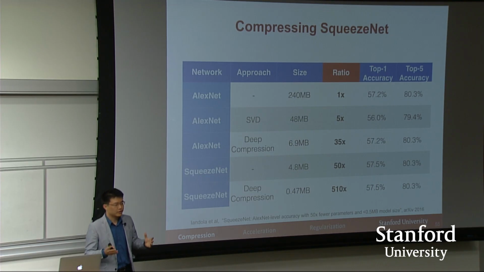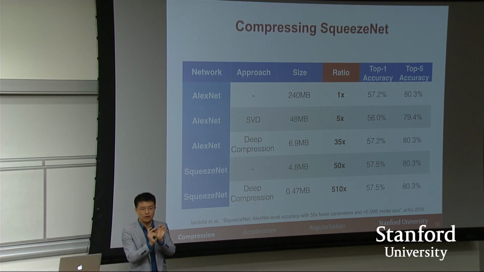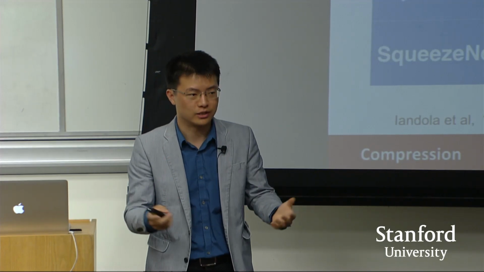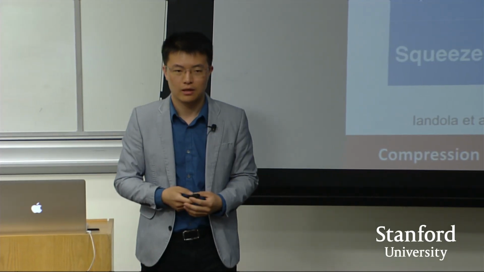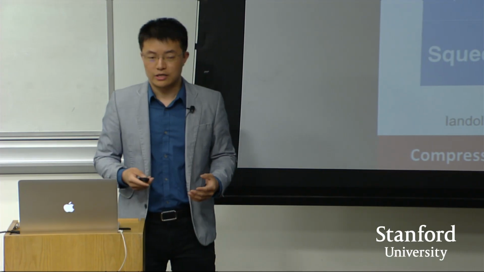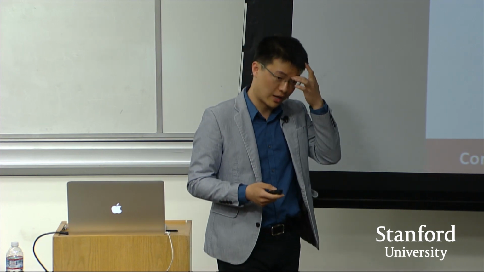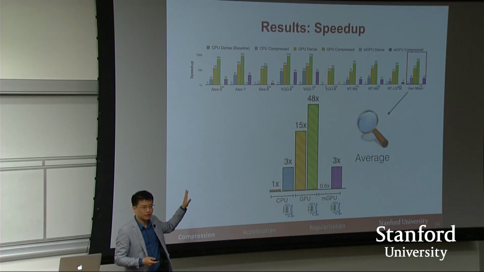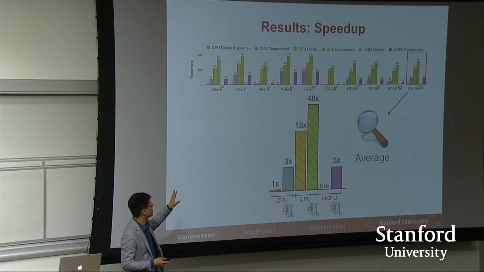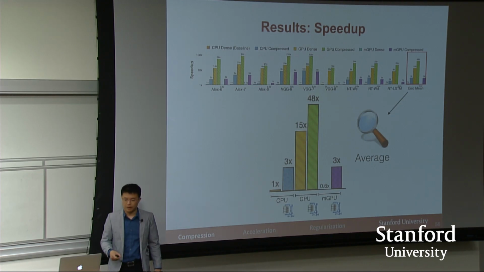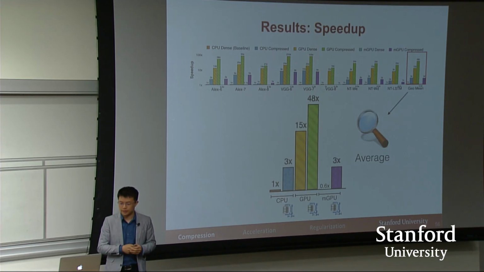This means it's very easy to fit such a small model on the L3 cache, which is usually tens of megabytes of SRAM. So what does it mean? It's possible to achieve speedup. This is the speedup I measured for the fully connected layers only for now, on the CPU, GPU, and mobile GPU, before pruning and after pruning the weights.